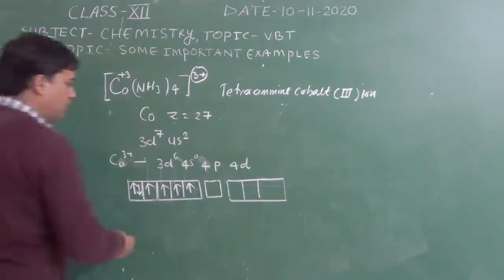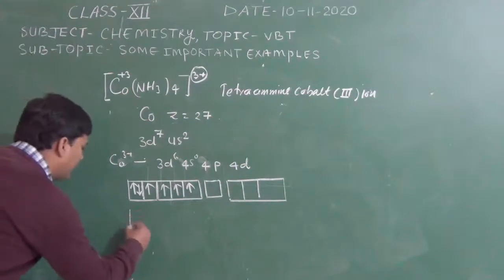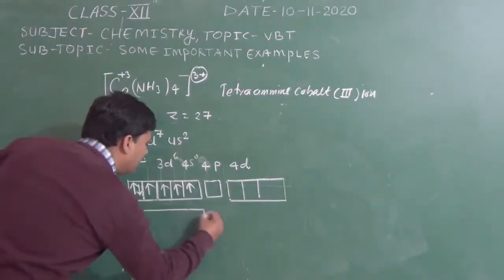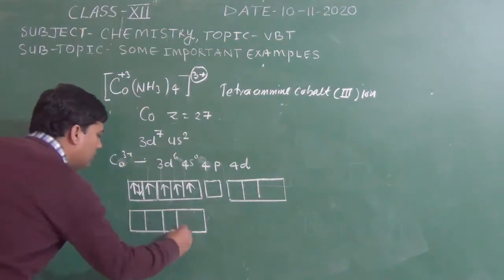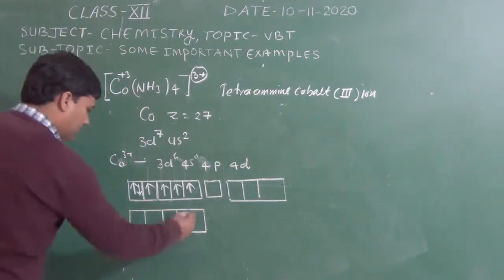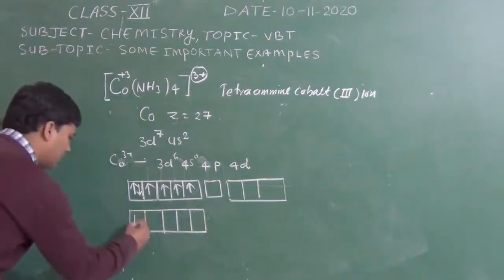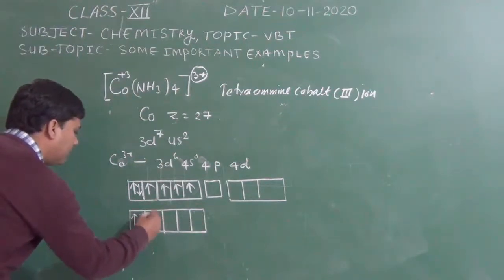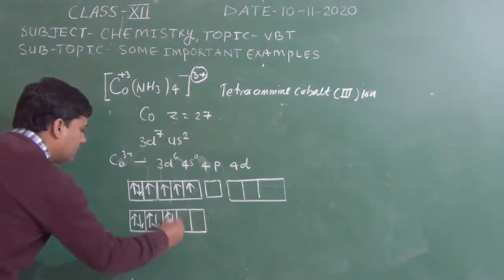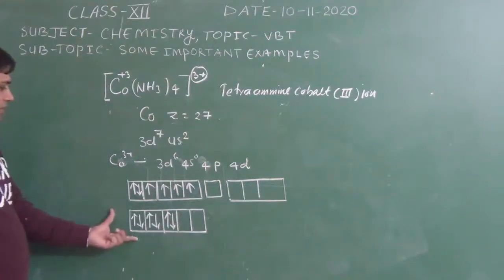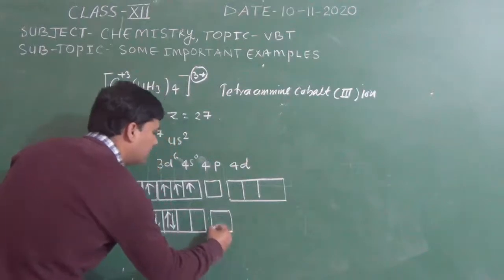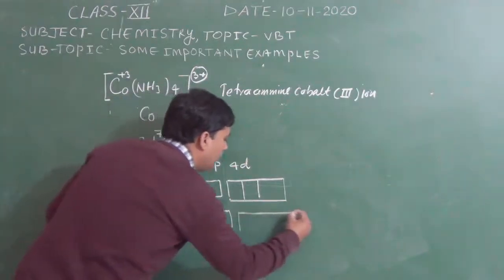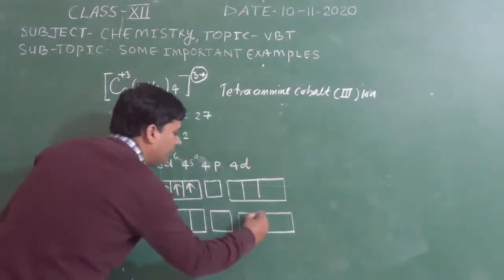Okay, so what will happen when electrons get paired in particular orbitals? 1, 2, 3, 4, 5. So all electrons get paired. We can represent this in this way. This is 4s and this is 4p. It is not required to write 4d.